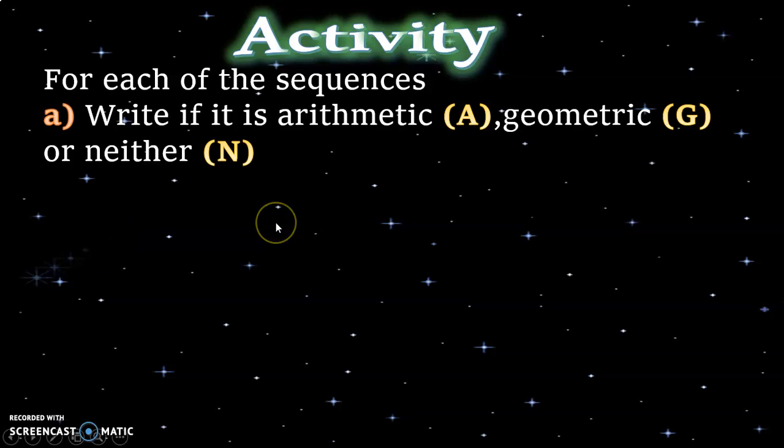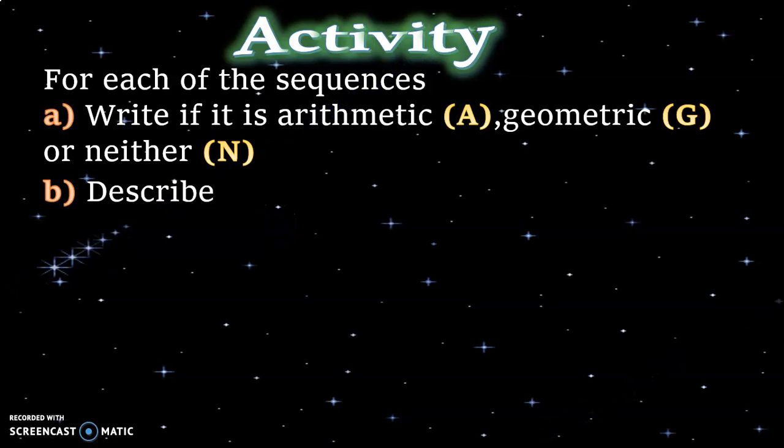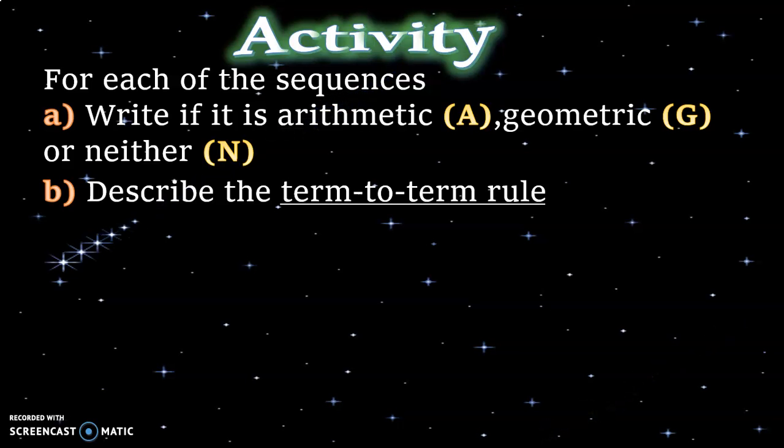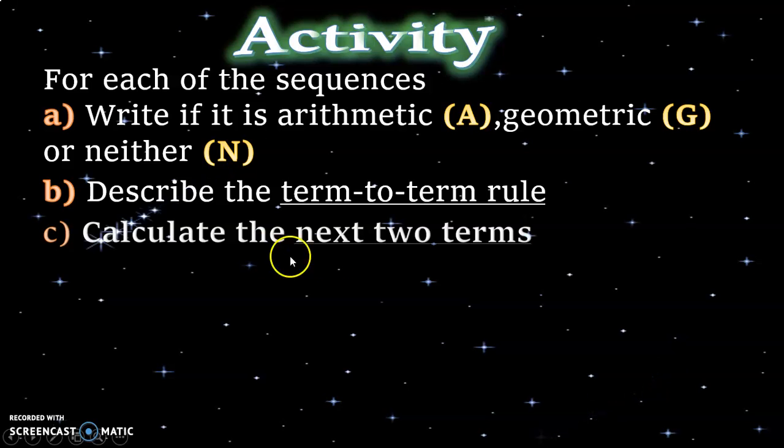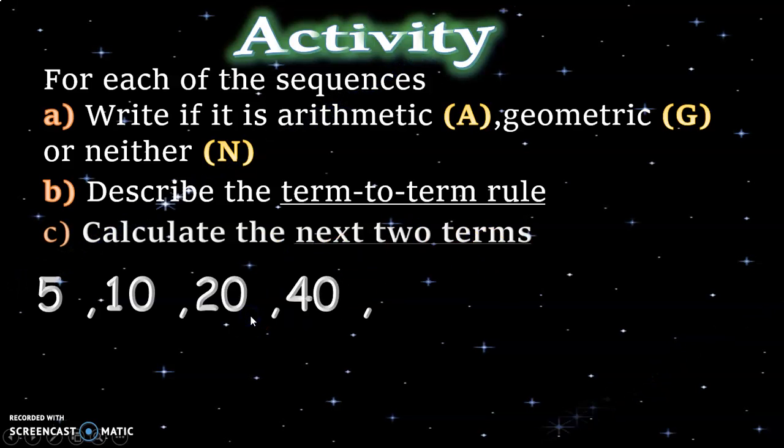So that is what you call neither. In letter B, describe the term-to-term rule. In letter C, calculate the next two terms. Okay, let us have the first example.